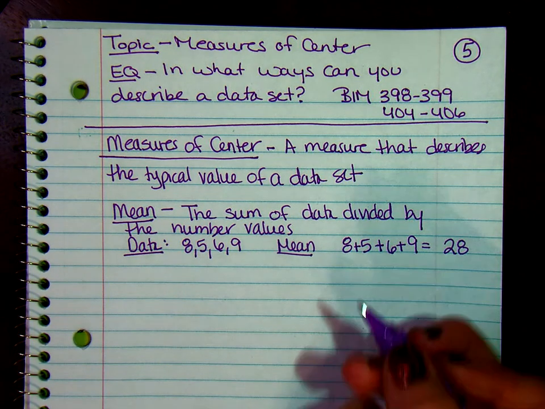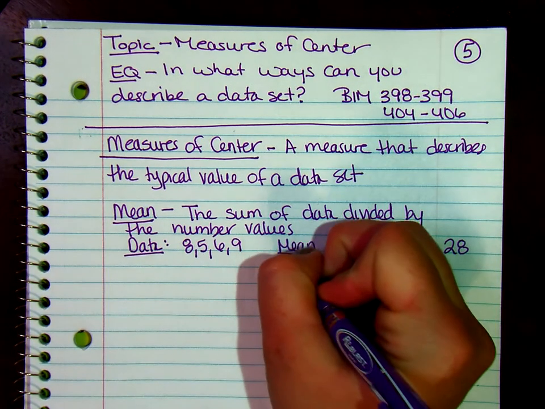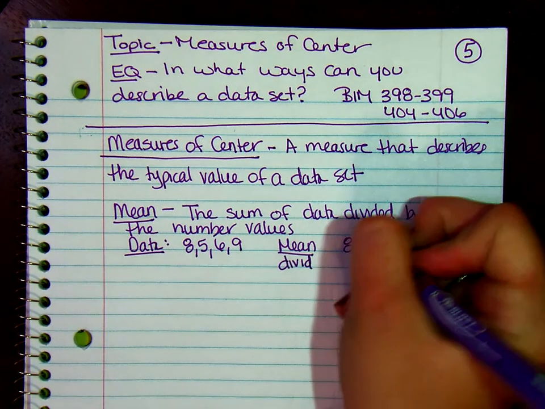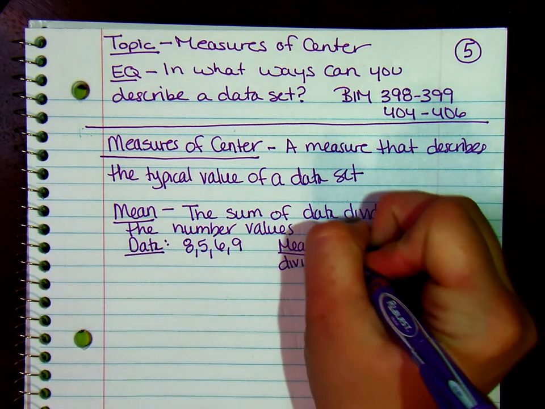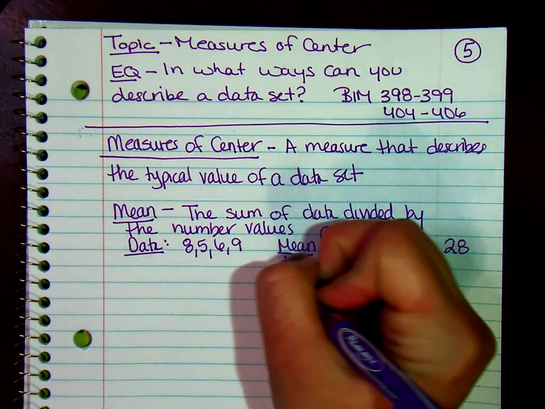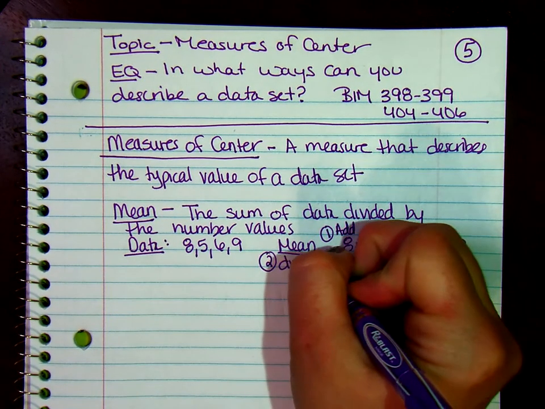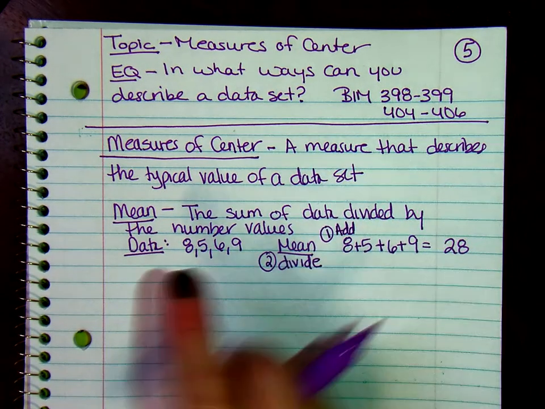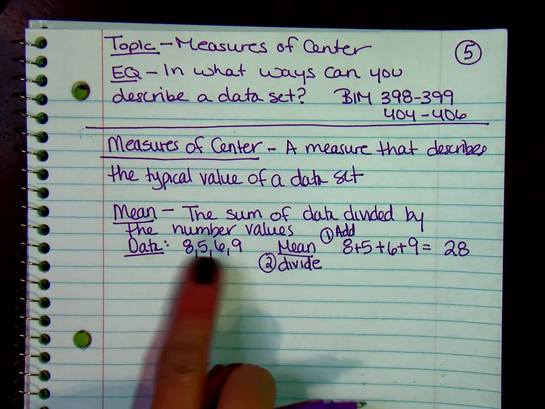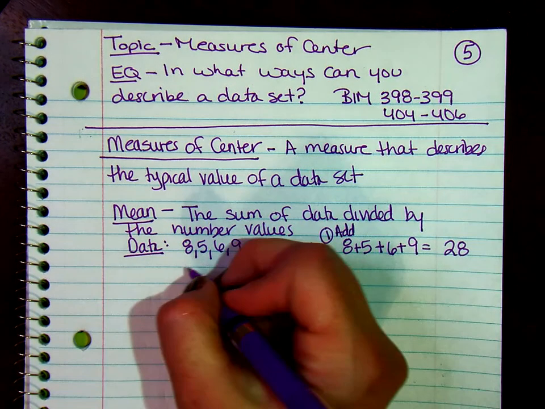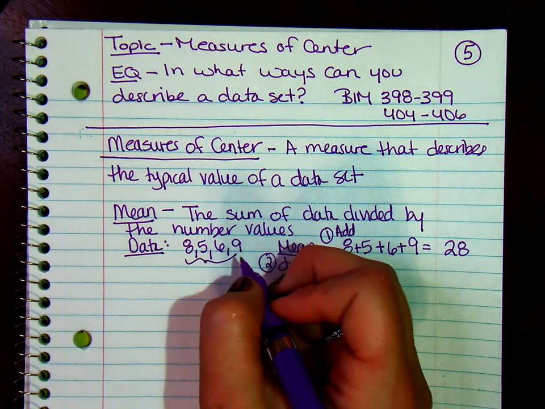And then I'm going to divide. So first, I add, and second, I divide. And so we have in our data set 4 values of data. 1, 2, 3, 4. 4 data values.